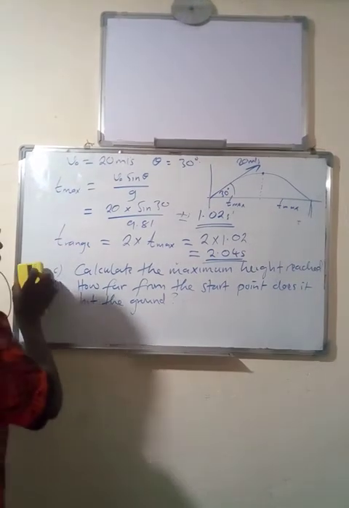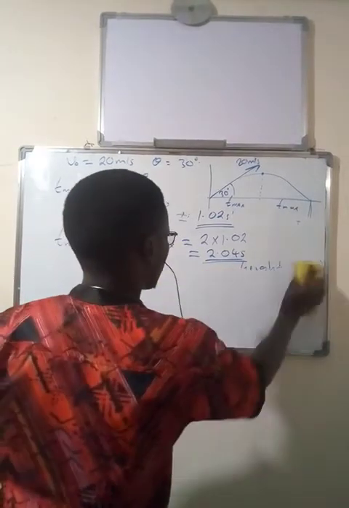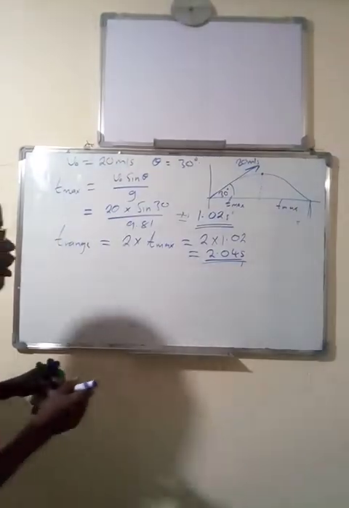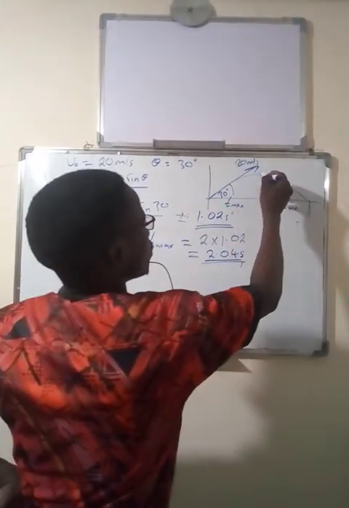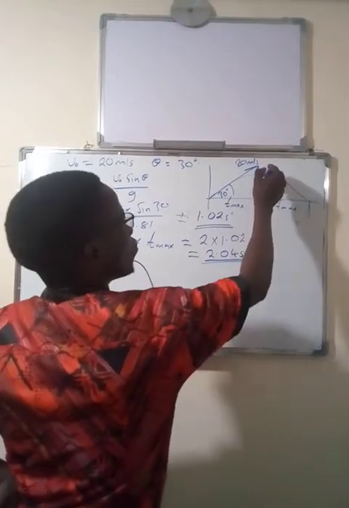Then calculate the maximum height reached. Okay. So what is the maximum height reached? Remember, at this point, we're trying to look for the value of y. So here we have x comma y.